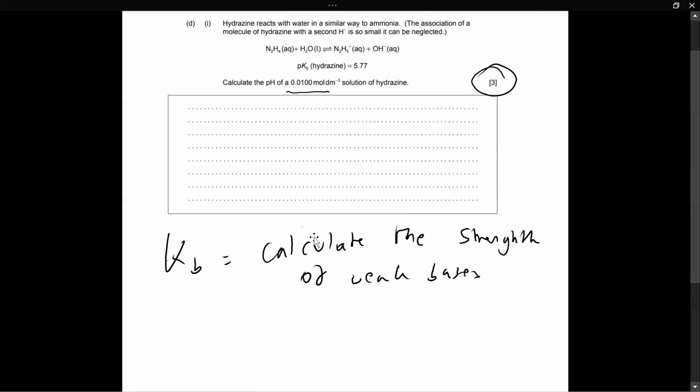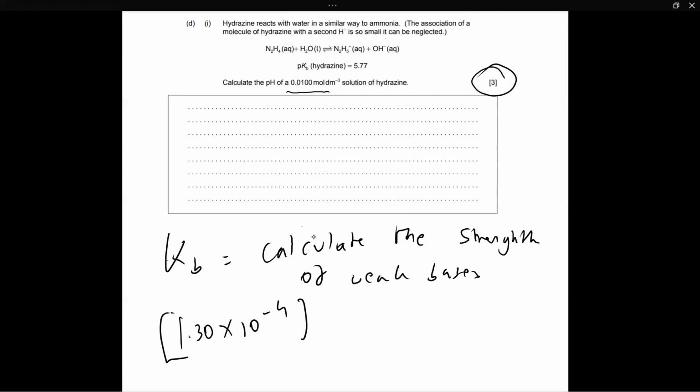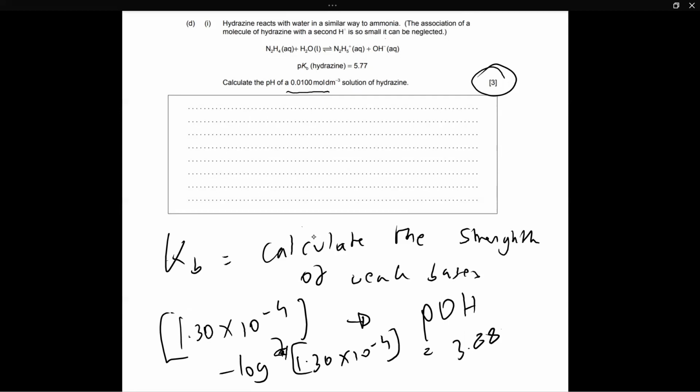So the concentration of OH minus was 1.30 times 10 to the negative 4. If you want to convert from this into the POH value, we have to take the negative log of this number. So you can just put this into your calculator, negative log of 1.30 times 10 to the negative 4, and you will get your answer as 3.885.